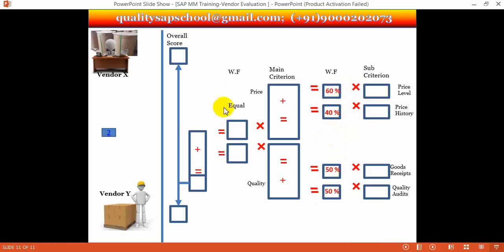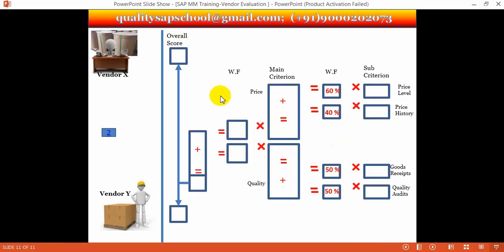Now, another weightage factor we can change. If it is in the easy access menu, it is possible to change this weightage factor. If it is equal, it will be assigned 1-1. All main criteria are assigned 1-1, that is equal weightage.